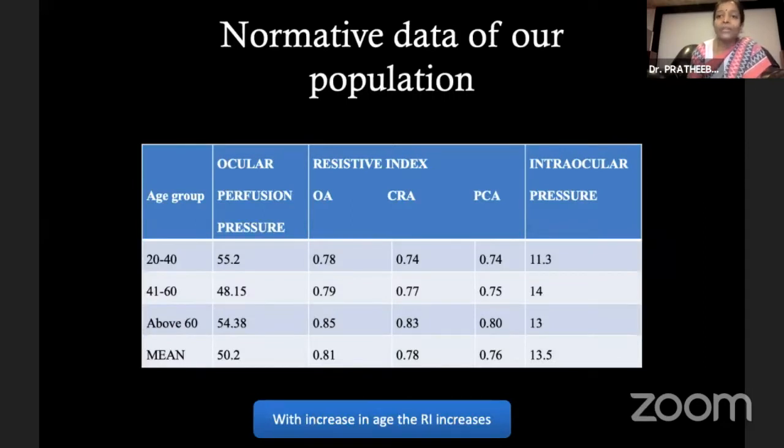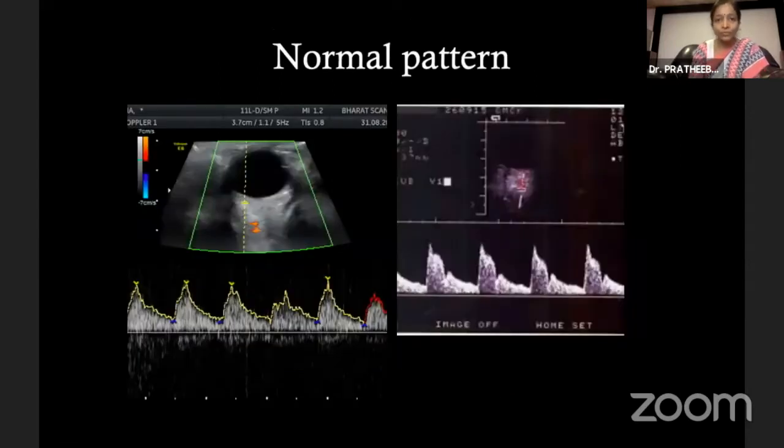Since we did not have normative data at the time of our presentation, we did a small normative study from our population. We took healthy individuals, about 25 people, and we calculated the resistive index, and we found the resistive index values were significantly higher than the Western population, and the resistive index also seemed to increase with age.